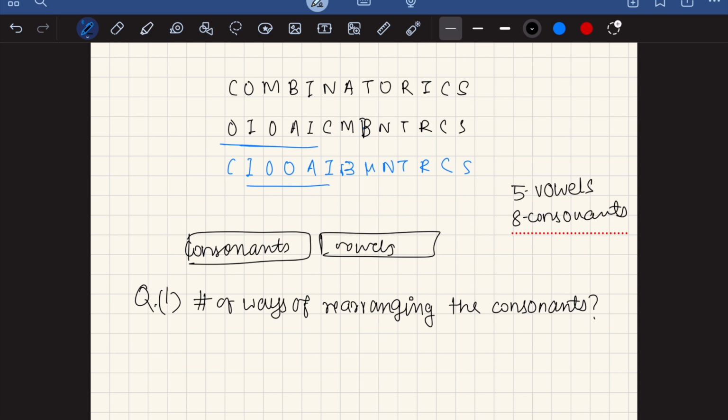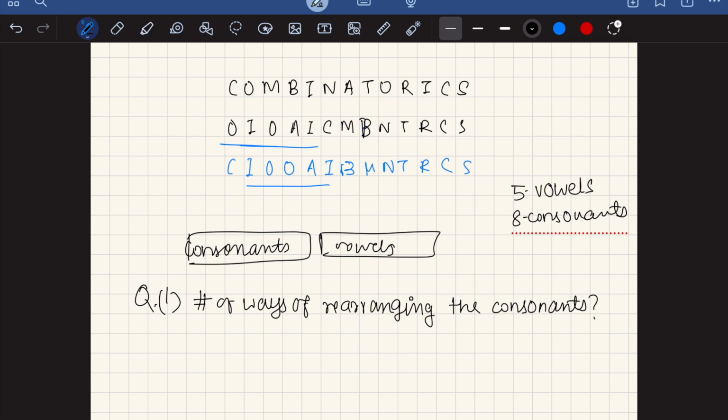You agree, right? The first question we are trying to answer, breaking this into parts, is how many ways you can arrange the consonants only. There are different answers. Is the question clear or do you want me to repeat?